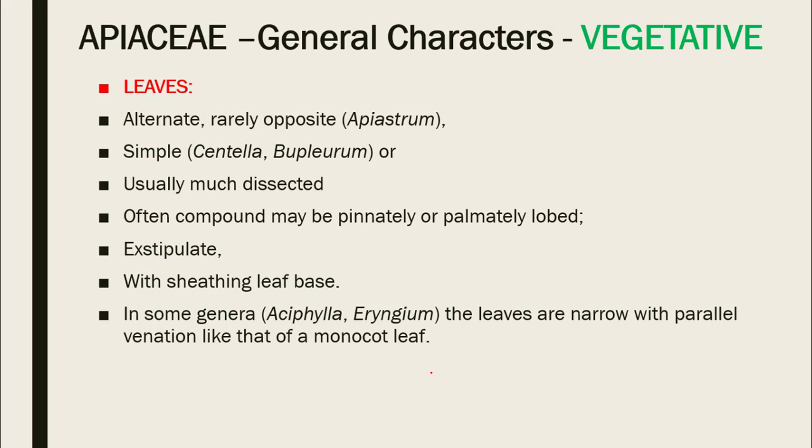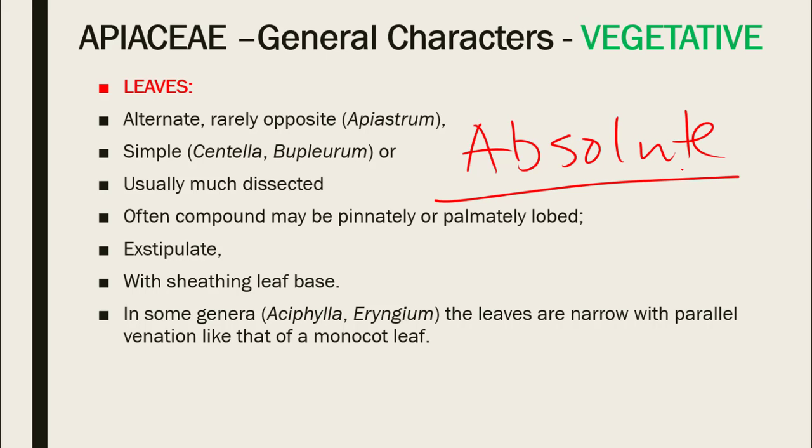One thing you must keep in mind, that the characters that are being described here are not absolute. Absolute means that you won't find each and every character defined here in all the plants of the family Apiaceae. This is not so. There may be exceptions.